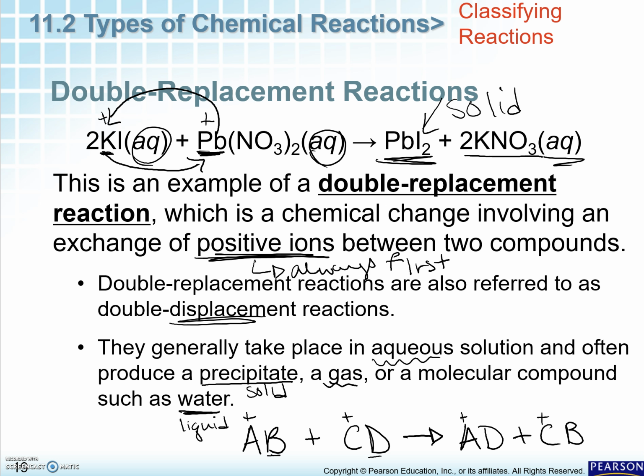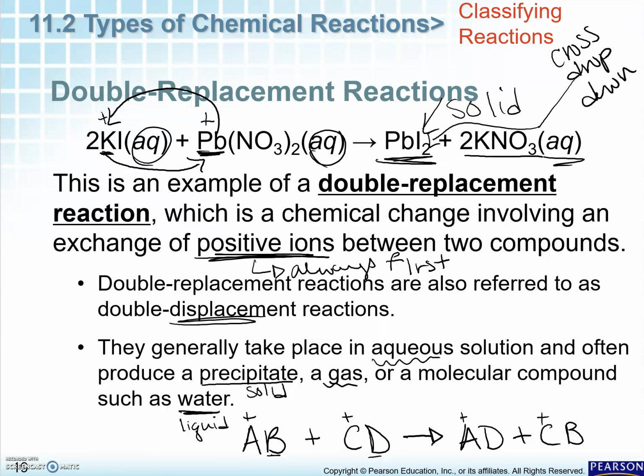And if you ever wonder where these subscripts come from, up here at the top, you can see that one right there. Those are from your cross drop down rules. So our cross drop down rules come from our ionic compounds. That was back in chapter 7, so if you want to look back, you're more than welcome to do so.